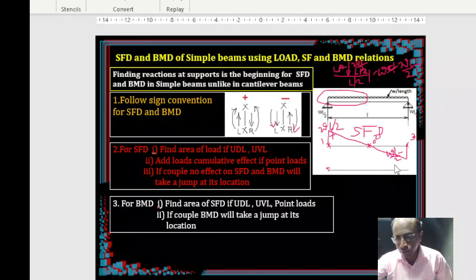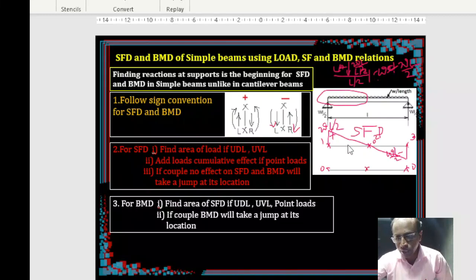So 2 points you know by default, 0 here, 0 here. Then if you know this central ordinate, your bending moment diagram is completed. So how to get that? As I mentioned previously, if you find the area of the shear force diagram between 1 and 2, you get the difference between the ordinates, and the starting ordinate is already 0. So you will straight away get this ordinate.